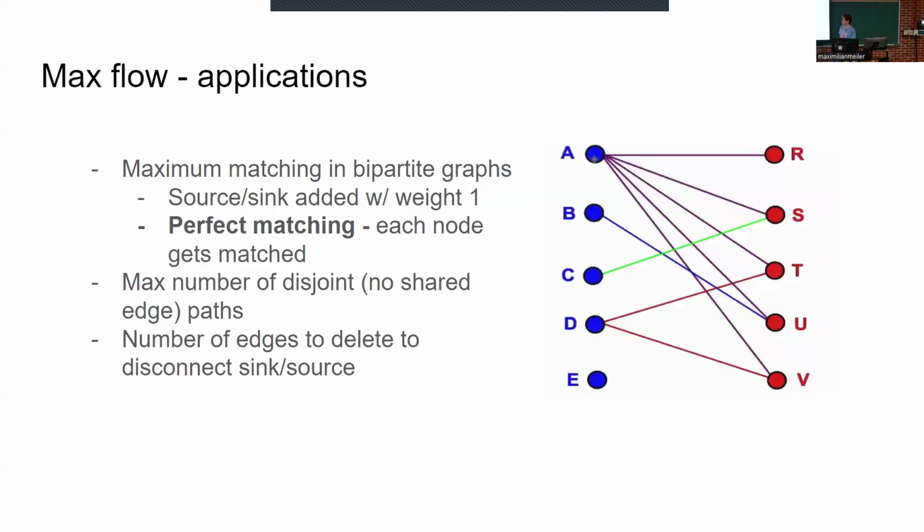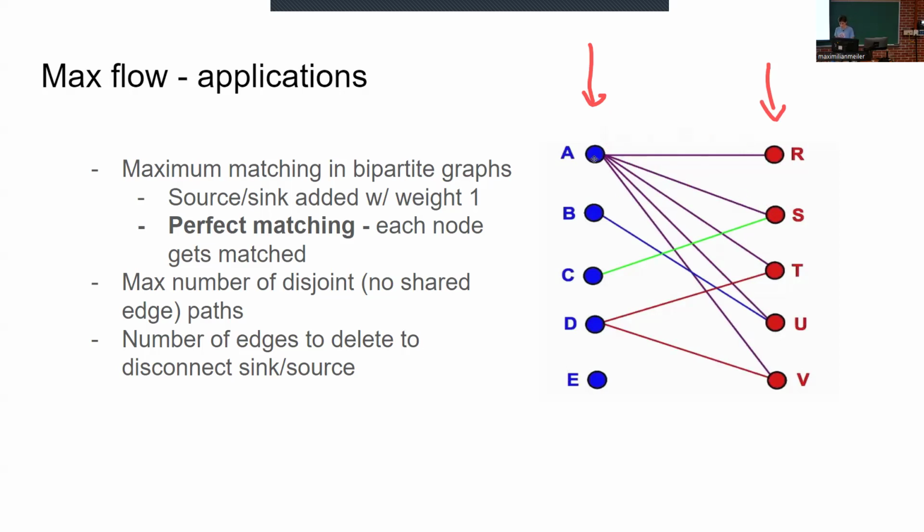And then this is new stuff: actual applications of max flow. A really big one is max matching in bipartite graphs. So say you have a bipartite graph, which sets it up as one group of nodes and another group, so two groups of nodes, and there are edges between the two groups.